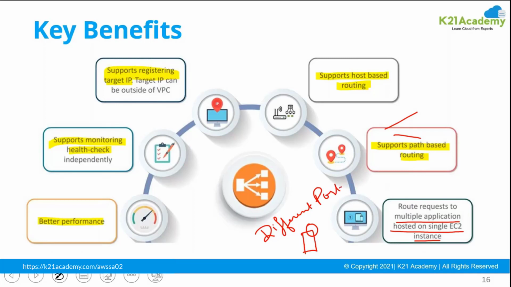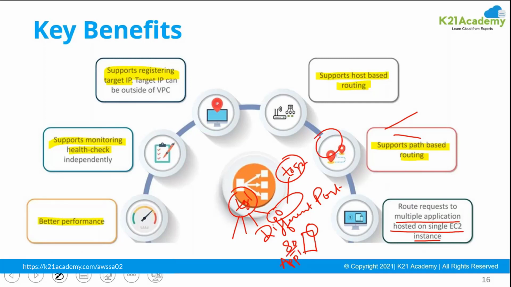So now in the application load balancer, with different port numbers, you can have different target groups. And the beauty is that the machine which belongs to target group 1 can even belong to target group 2. So you can share the machines between the target groups. There is a server. On this server, on port number 80, my application 1 is running, a web server is running.